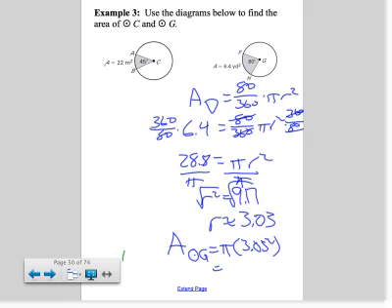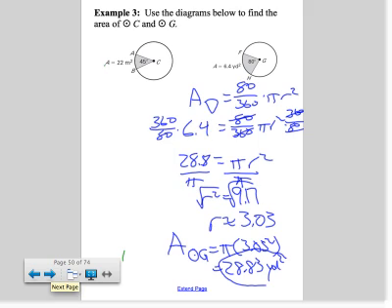And again now, let the calculator do the work for you. So I'm going to do 3.03 squared times 3.14. I got 28.83 units squared. Units here are yards.